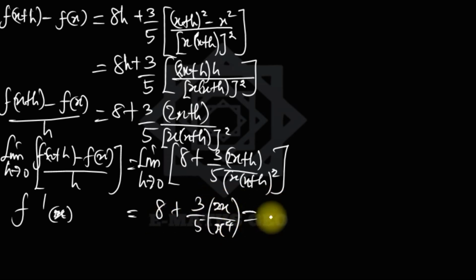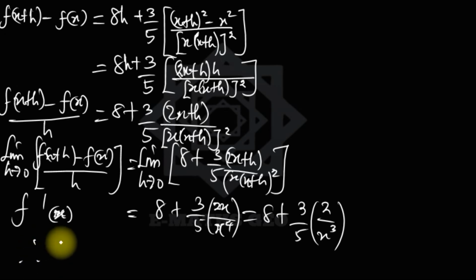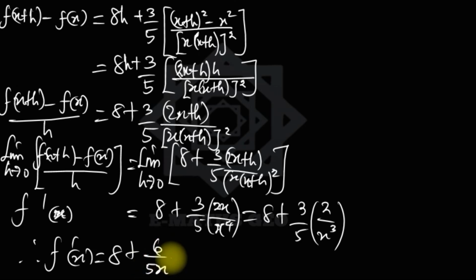So which is 8 plus 3 over 5 times 2 over x cubed. So our answer, therefore, the derivative is 8 plus 3 times 2 is 6, that's 6 over 5x raised to the power 3. So that's the derivative from the first principle.